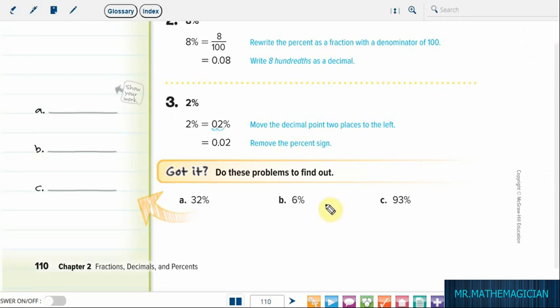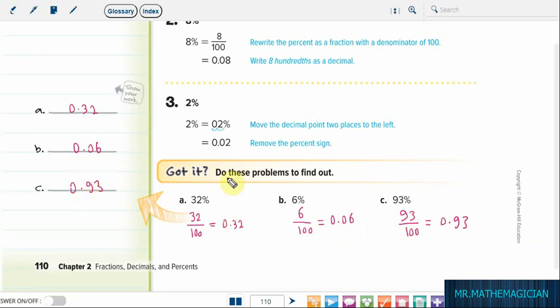You work with any method you want. 32% is like 32 over 100, and 32 over 100 is 0.32. 6% is like 6 over 100, and 6 over 100 is 0.06, because 6 over 100 means 6 hundredths, so it must be in the hundredths place, 0.06. 93% is like 93 over 100, and it will be 0.93. Moving on.